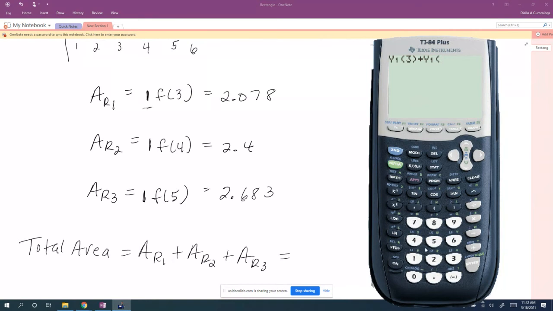And this is where the calculator can make the calculations a little bit easier. And we have 7.16.